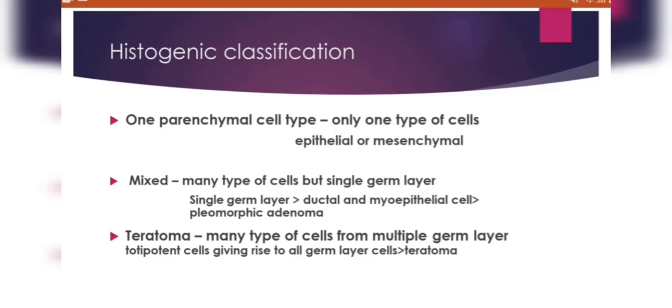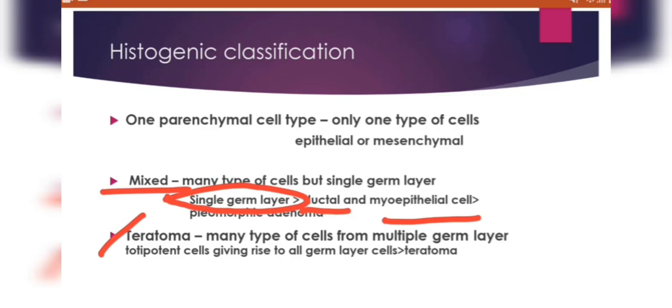In the mixed tumor, the cells will arise from a single germ layer, but there will be many types of cell. As an example, pleomorphic adenoma of the salivary gland is formed by two types of cell, ductal and myoepithelial cell, but both these cells arise from a single germ layer. That's why it is known as a mixed tumor. Then comes teratoma. Here the types of the cells are multiple and they also arise from multiple germ layers.